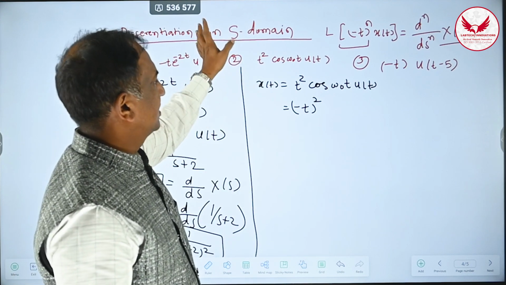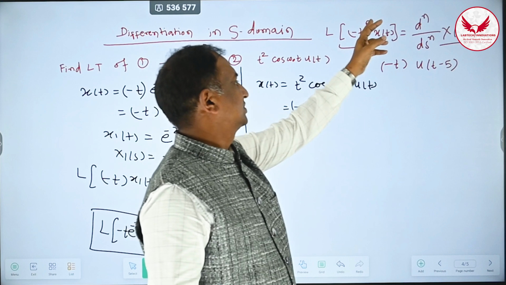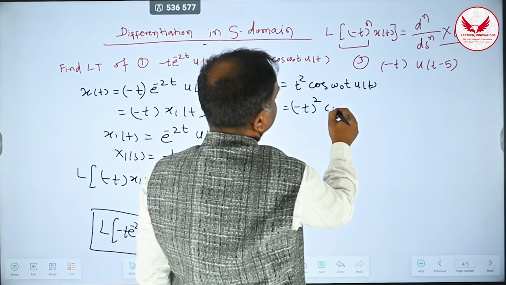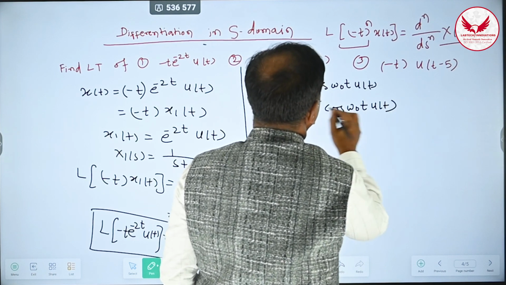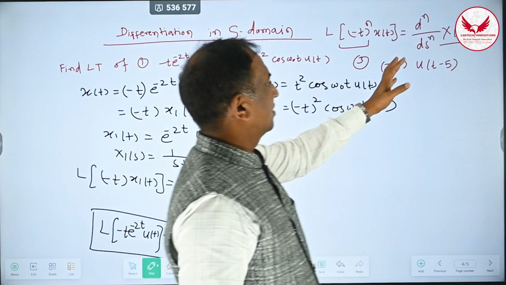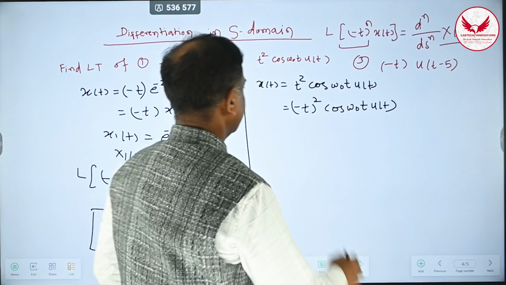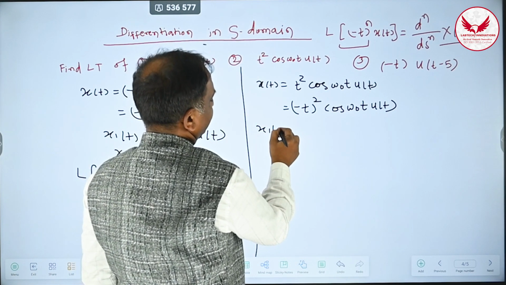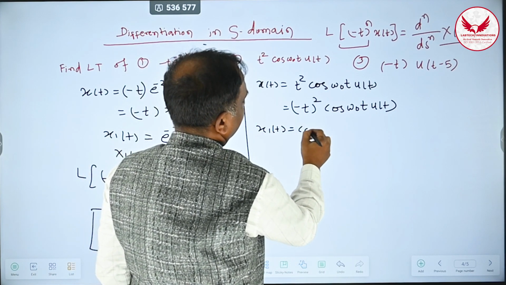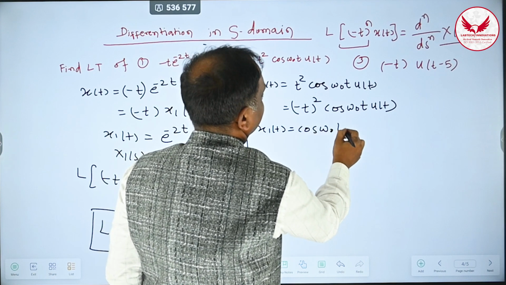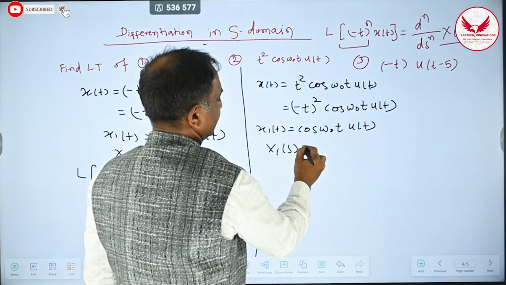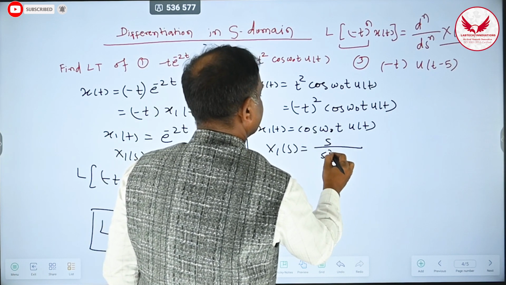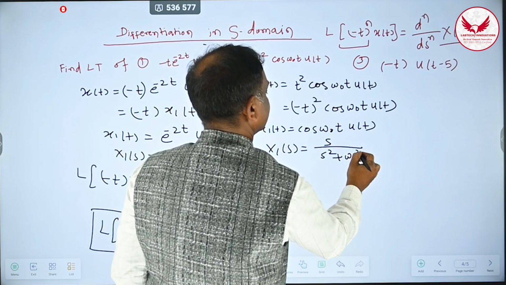So you just compare with the s domain property, minus t raised to n into x of t, and let x of t is equal to cos omega 0 t into u of t. So its Laplace transform is second order differentiation of X of s. Therefore let x1 of t be equal to cos omega 0 t into u of t, and its Laplace transform, which we have already seen, is s upon s square plus omega 0 square.